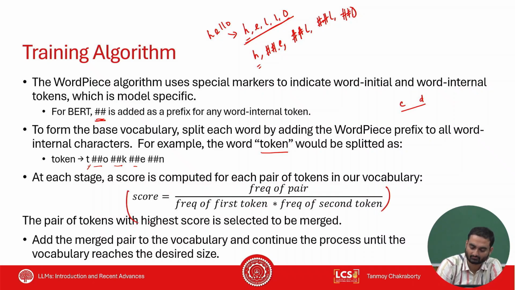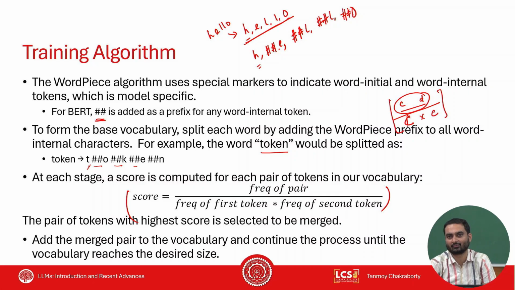This is very simple: frequency of CD divided by frequency of C times frequency of D. This is a kind of mutual information, PMI, pointwise mutual information, that we generally discuss in the semantics of NLP. Okay, so this is kind of my likelihood. So frequency of the pair divided by frequency of the first token times frequency of the second token.